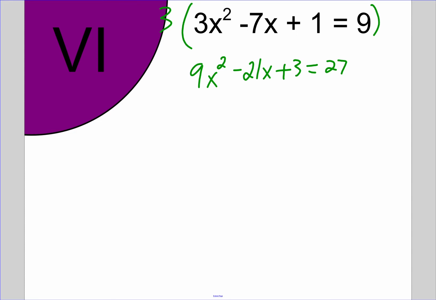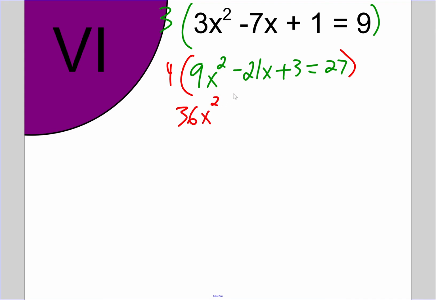And then from here, we can multiply by 4, because that middle term is still not even. We have to multiply by 4 to make it even, but keep the leading term a perfect square.